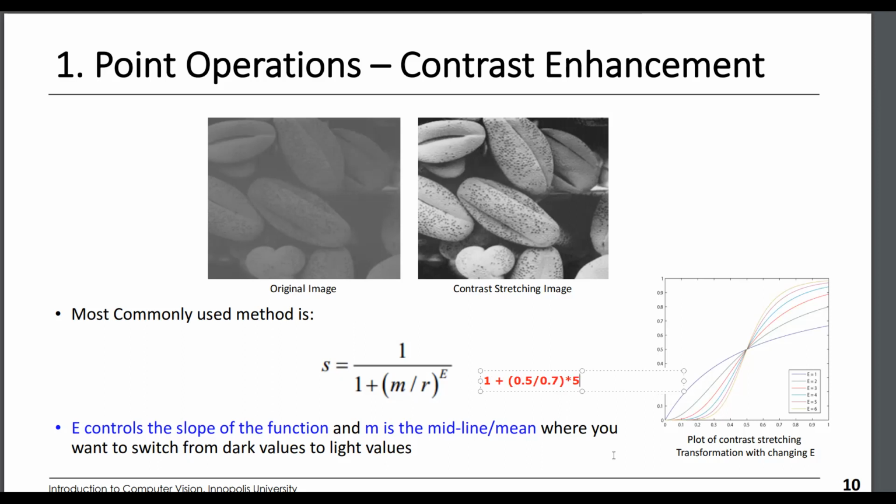Can somebody tell me what this value is? Somebody do the calculations. Or let's do it on Google from the side. So 0.5 divided by 0.7, to the power of 5.